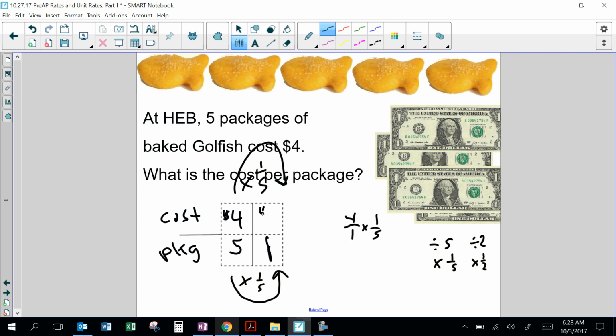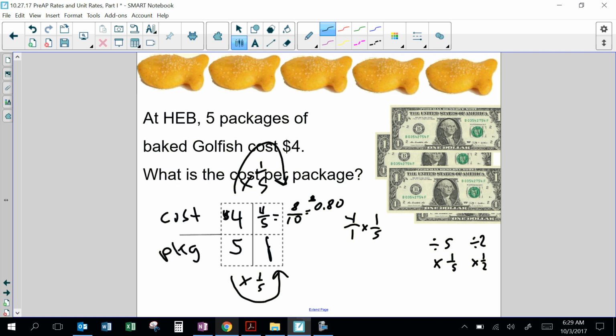That would be 4/5. Do you know what is the decimal equivalency of 4/5? Because if you go to the grocery store, they're not going to say, oh, that package costs 4/5. What would I call it? So how many 5s go into 10 times 2? How many 4? 8/10, or 80 cents.